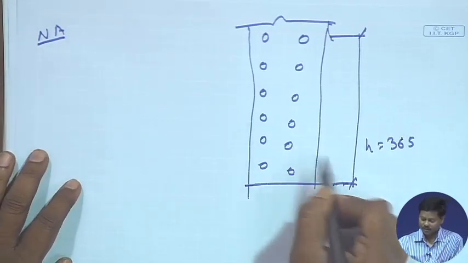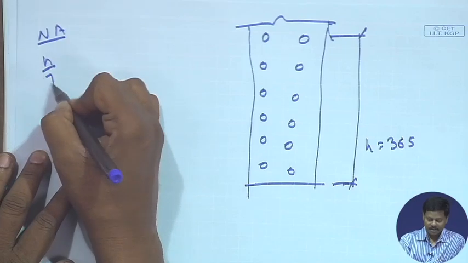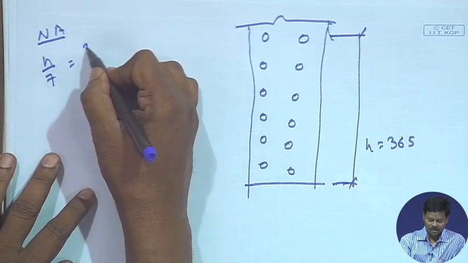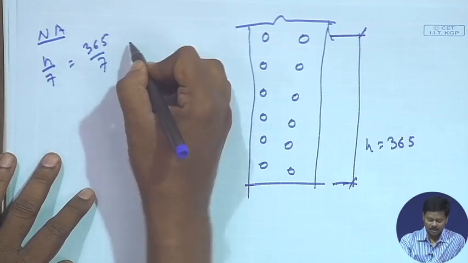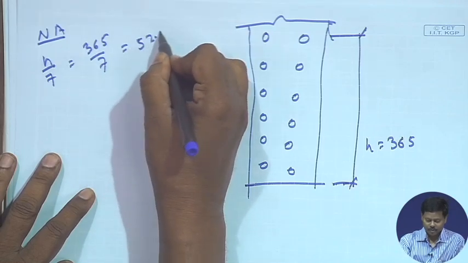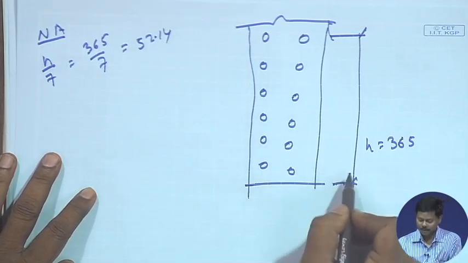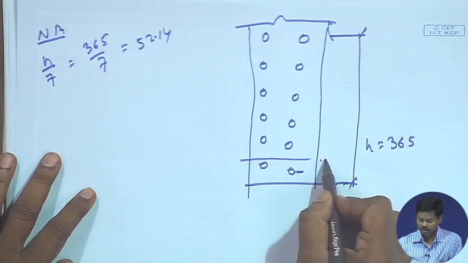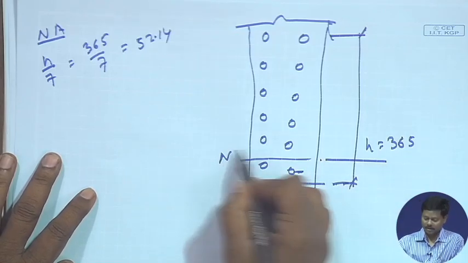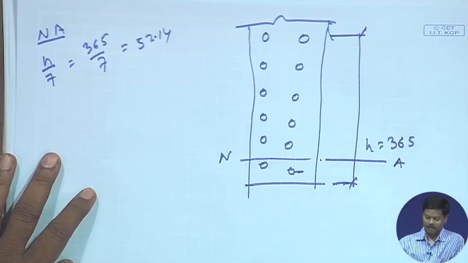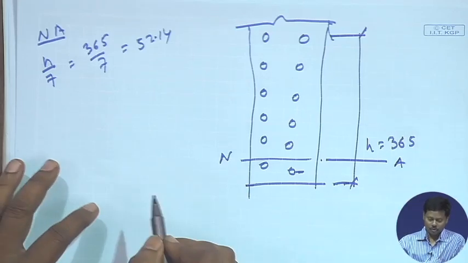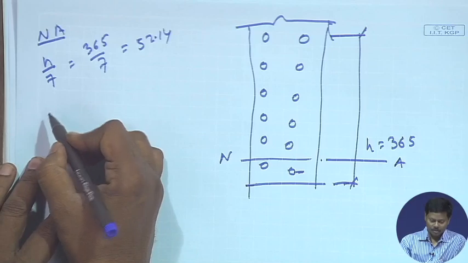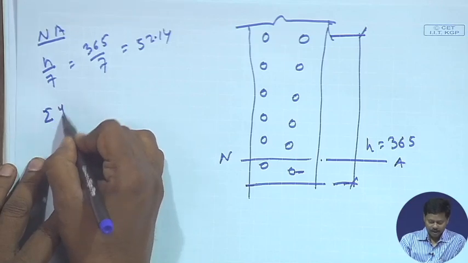Neutral axis distance will be at H by 7, that means 365 by 7, this will become 52.14. So 52.14 means up to this it is 40. So the neutral axis depth will be here, right. Now I can find out summation of yi, right.